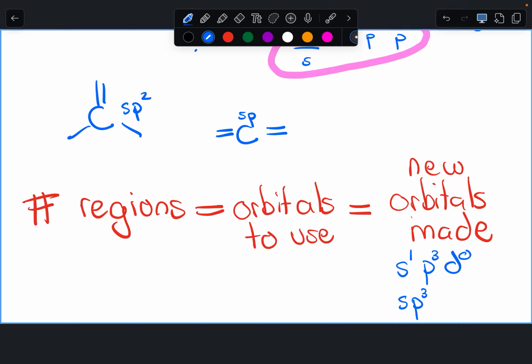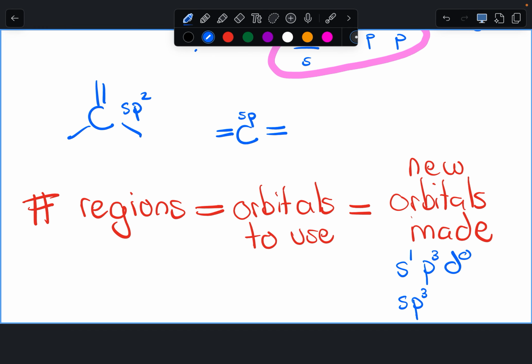You literally don't have to do more than that when you're just assigning hybridization. So that would be the easy side, the most basic type of question. I guarantee you'll have at least one question where I say, what is the hybridization of a particular atom in a particular molecule? Maybe I show you the molecule, maybe you have to draw the Lewis structure, but you're certainly going to be asked to assign the hybridization.